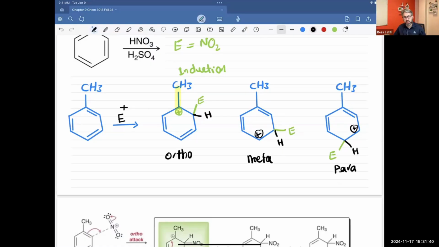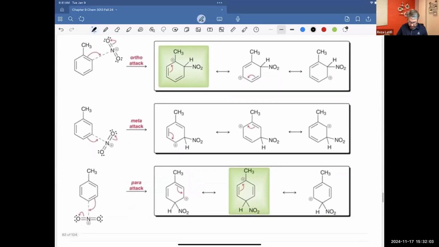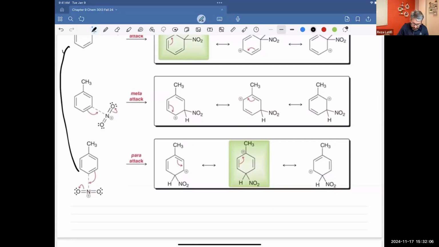Now let's talk about how stable these carbocations are. The first case is through ortho attack. If we add it through the ortho position, we'll have the positive charge close to the substituent, close to the methyl electron donating group, and that's fantastic. Next one, let's check this time, the para.